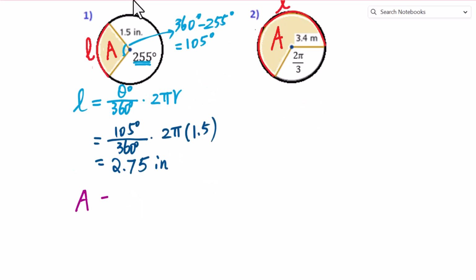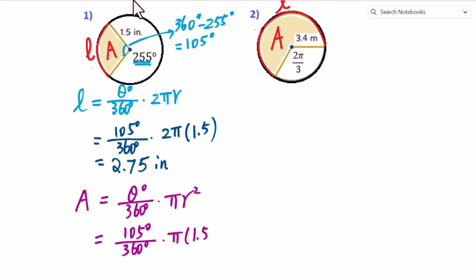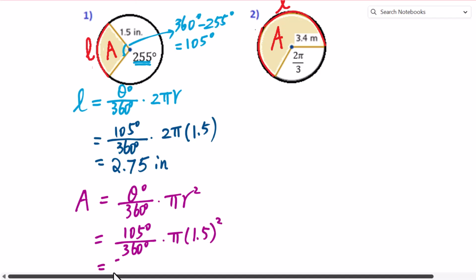The area equals theta degrees over 360 degrees times pi r squared, equals 105 degrees over 360 degrees times pi times 1.5 squared, which is 2.06 as 3 figures, inches squared.